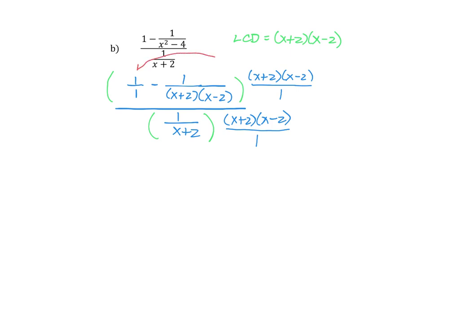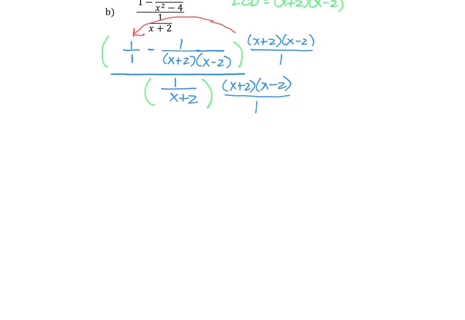Now when I multiply the 1 over 1 times my LCD, I can see that nothing is going to cancel. I'll end up with x plus 2 times x minus 2 over 1, or, in other words, x plus 2 times x minus 2. And when I multiply by the second term, remember this was a subtraction, it's x plus 2 times x minus 2 over x plus 2 times x minus 2.